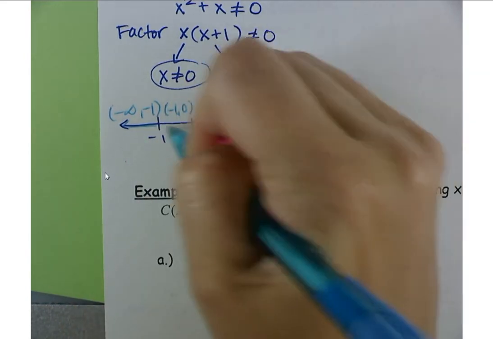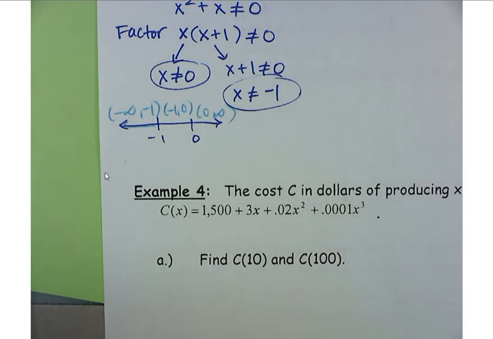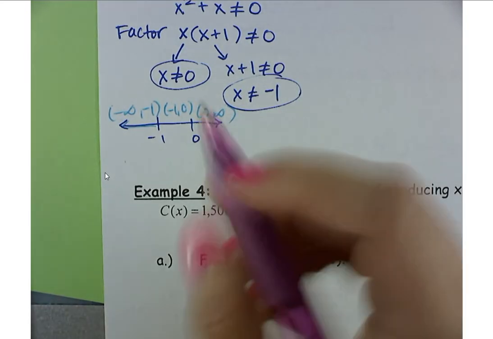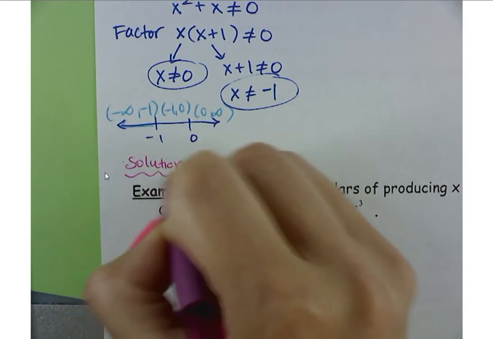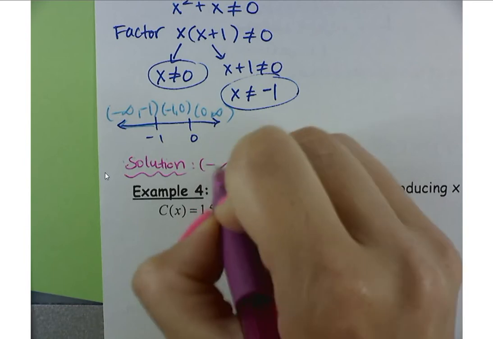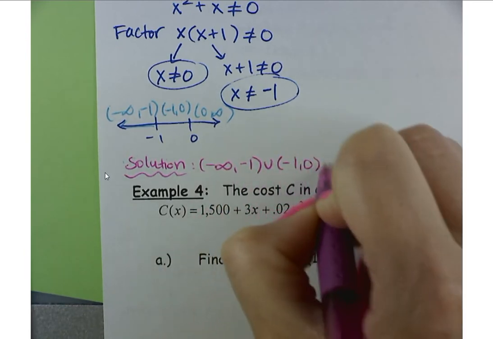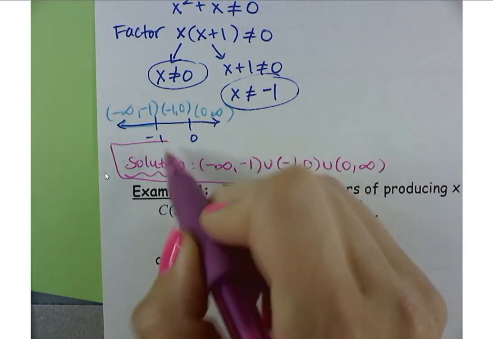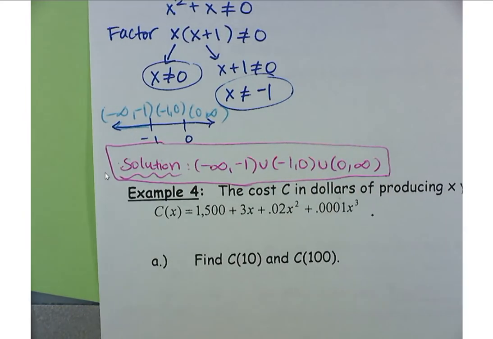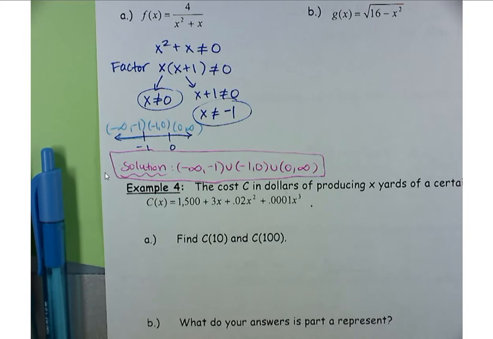The middle interval is negative 1 to 0, and then your last interval is 0 to infinity. So your solution is going to be all of those intervals, but they're connected with a union. See how that combines a few different things that we've used before?